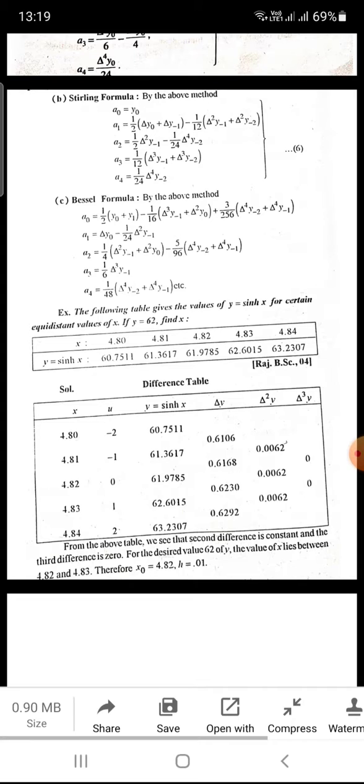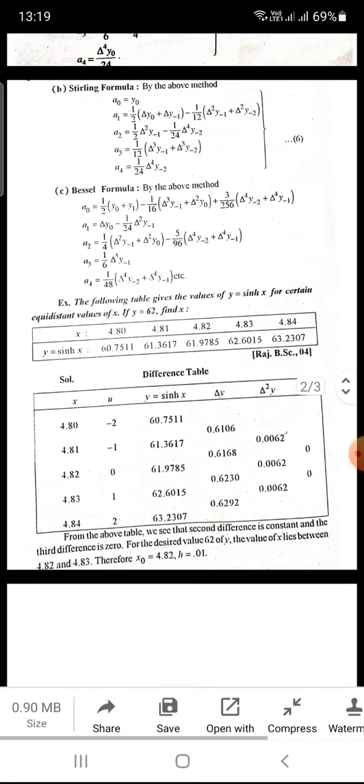And similarly, we can derive the Bessel formula coefficients also by the above method. We will get A0 is equal to 1 upon 2 (y0 plus y1) minus 1 upon 16 (del cube y minus 1 plus del 2 y0) plus 3 upon 256 (del 4 y minus 2 plus del 4 y minus 1).